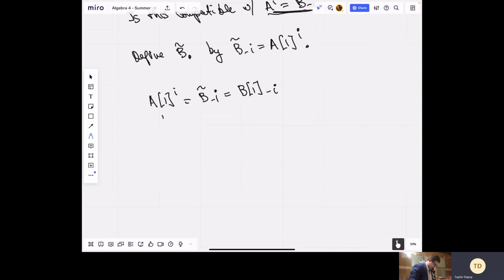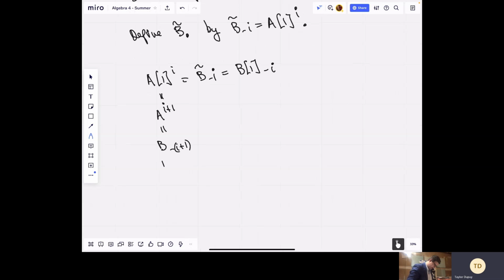Okay, so let's break this down. So this is A of i plus 1 here. And this is B of minus i plus 1. And this is B of minus i minus 1.